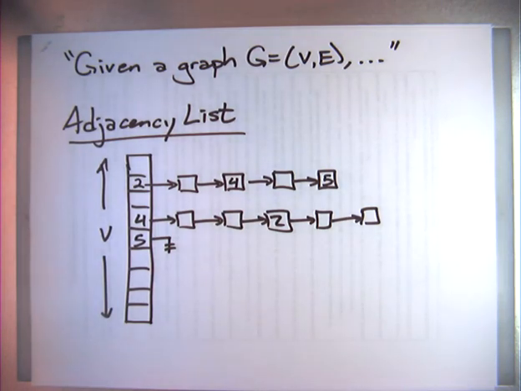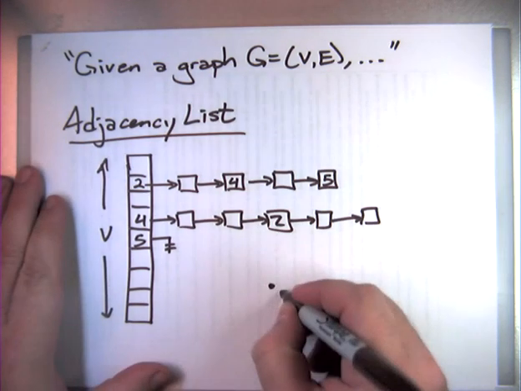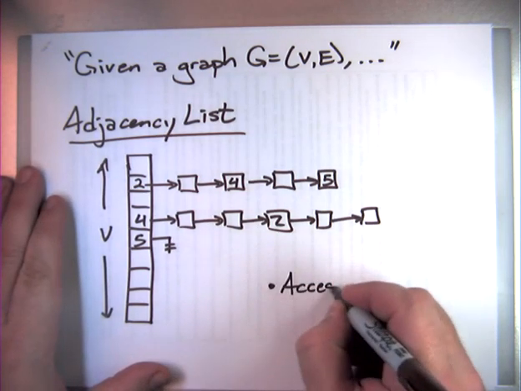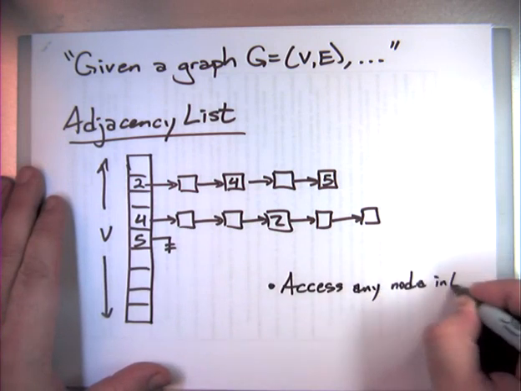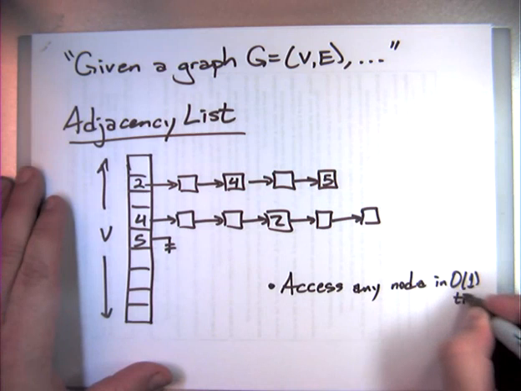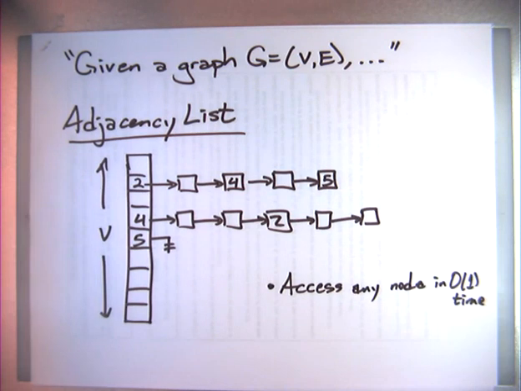Now, why is this data structure useful? The capabilities that you get from an adjacency list: first of all, you can access any node in constant time. You have a pointer to a node, bang, you just jump right into the data structure, and you can start looking at the edges.